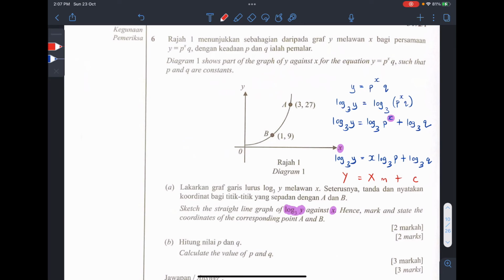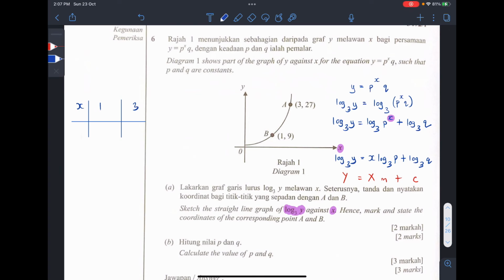So you can see that my y is actually log base 3 of y, my x is x, my m is actually log base 3 of p, and my c is log base 3 of q. Okay, so we're gonna have a little small table on the left side. So x is still x, so x goes here.